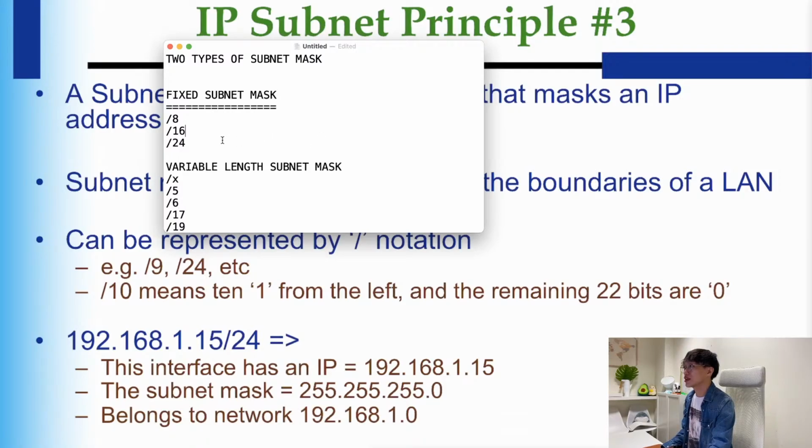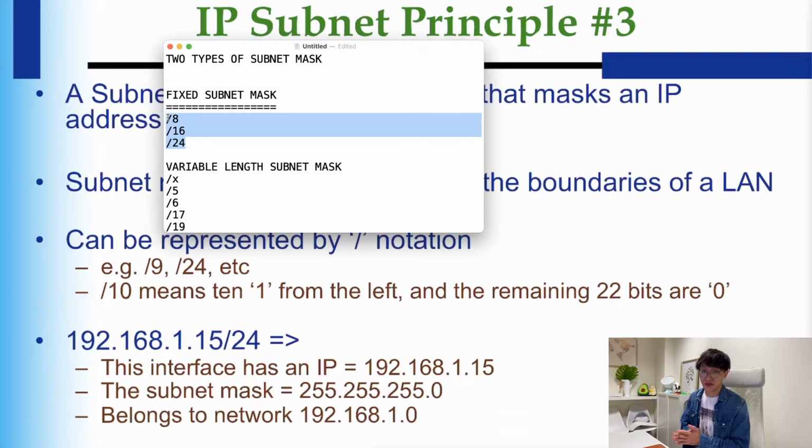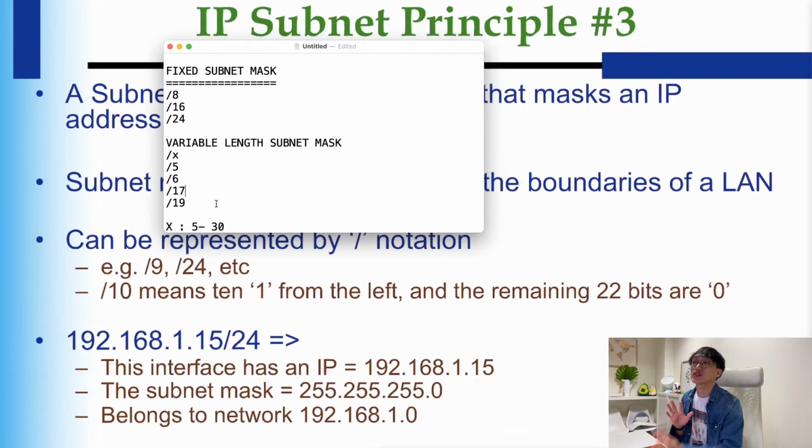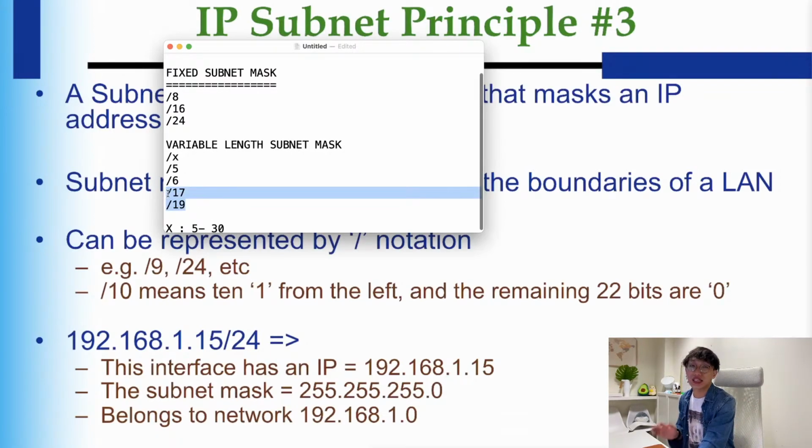Now in datacom, we only learn this fixed length mask. If you get a question with a variable length mask in datacom, don't worry. I will show you a trick later with a calculator, and you can easily count all the networks even with a variable length mask. That's very straightforward, but that is for later.